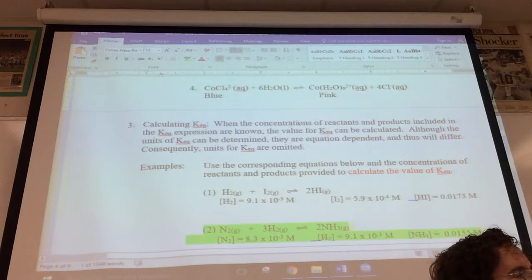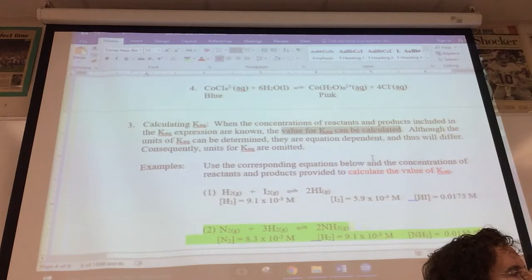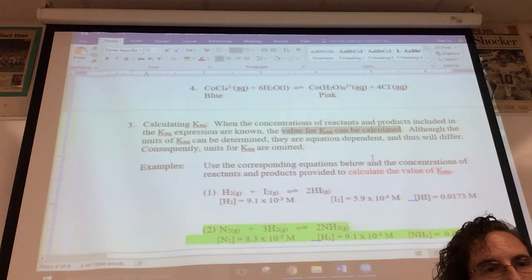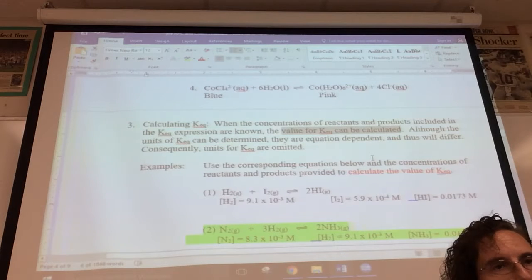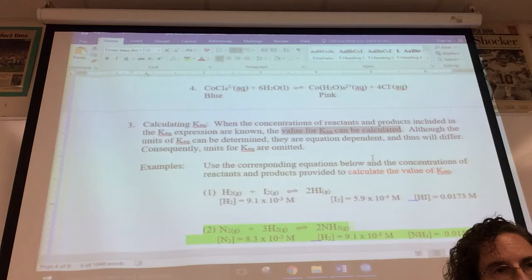If the concentrations of reactants and products are provided, you can calculate a value for KEQ. Now, the unit for KEQ is equation dependent. As a result, to make things easier, chemists just don't use a unit for KEQ. So you will have a unitless value for KEQ.